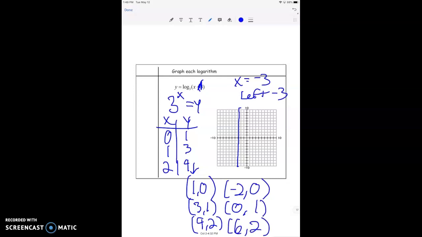So if I do this, (-2, 0) is my first point. (0, 1) is my second. And (6, 2) is my third. So let's see, 2, 4, 6. I go ahead and draw my arrow. All right, nice and simple.